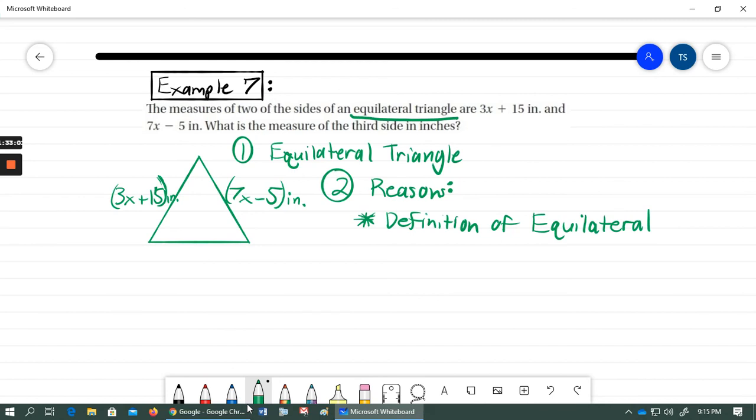Then you take the two lengths and you set them equal to each other for those two sides. Sides are equal length, right? They're literally equal to each other, the lengths of those.